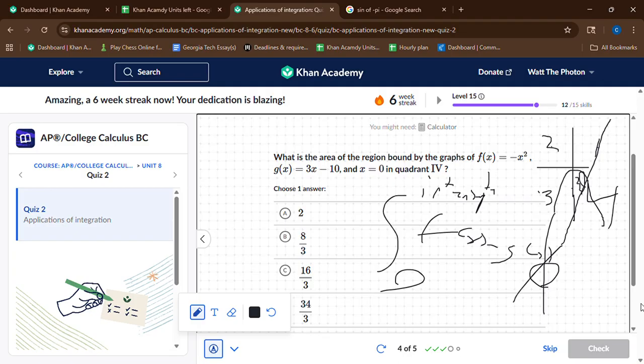And then plug in: negative 8 over 3 minus 12 over 2 minus 10. Zeros out, we get negative 10 at the end.